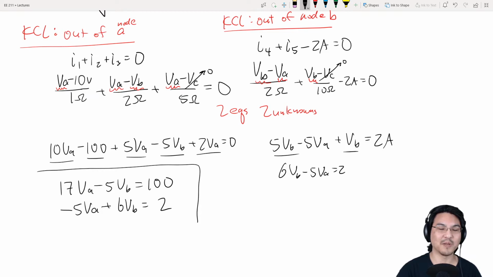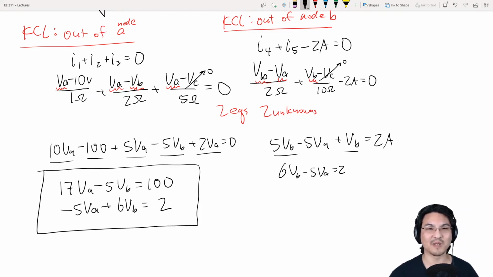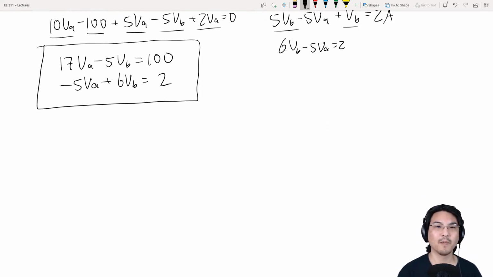Okay, so here you've got 2 equations, 2 unknowns. You can just solve by substitution. If you want to use the computer, you can write it as a matrix like this.